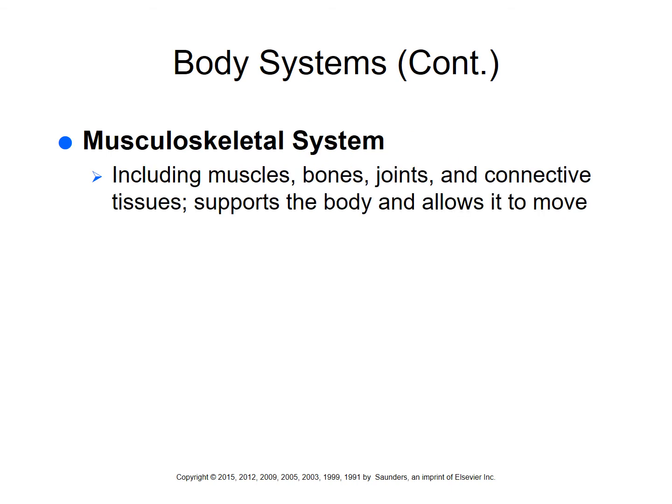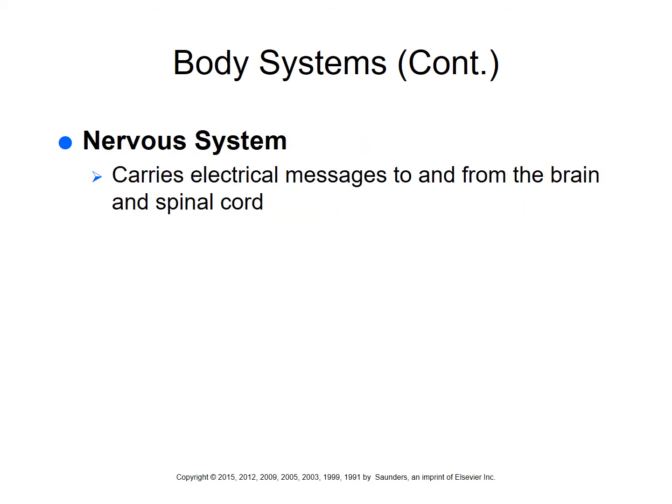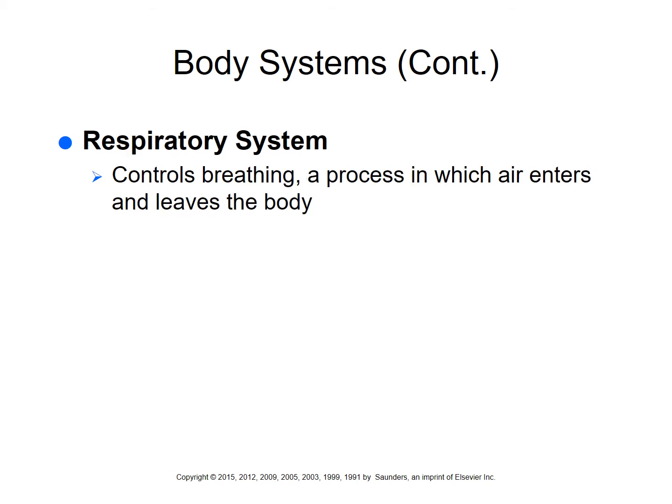Our musculoskeletal system includes muscles, bones, joints, and connective tissues, and it supports the body and allows us to move. Our nervous system carries electrical signals to and from the brain and our spinal cord. Our respiratory system controls breathing, a process in which air enters and leaves our body.